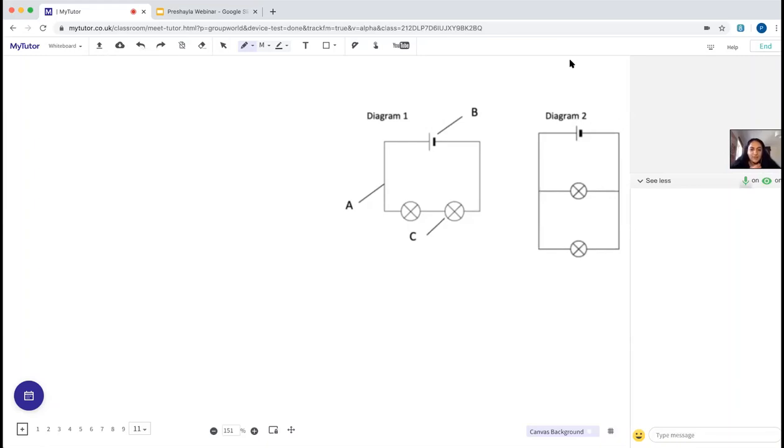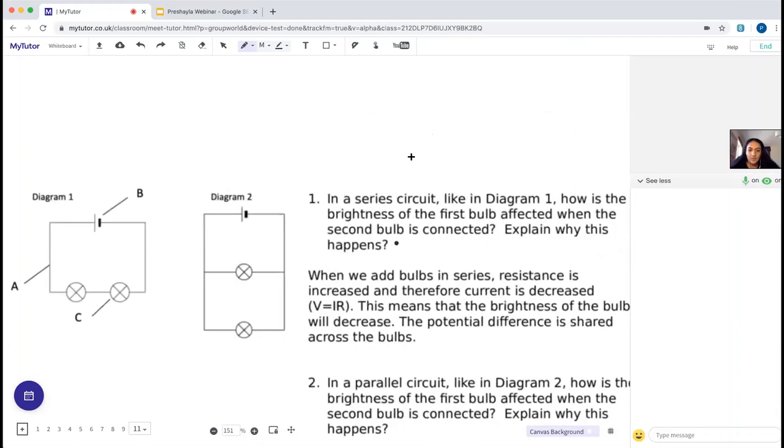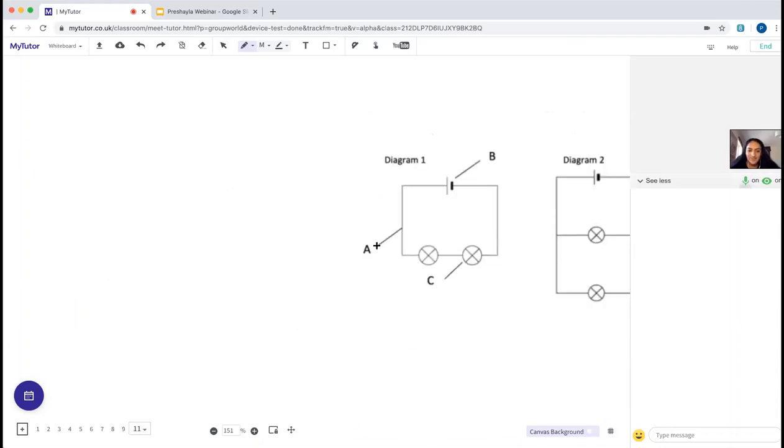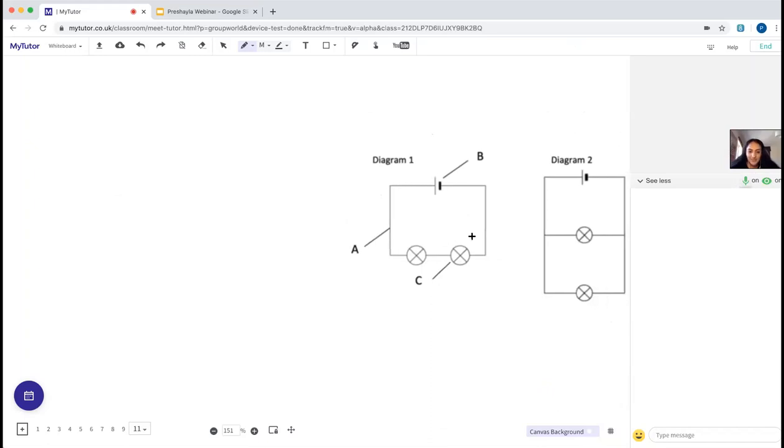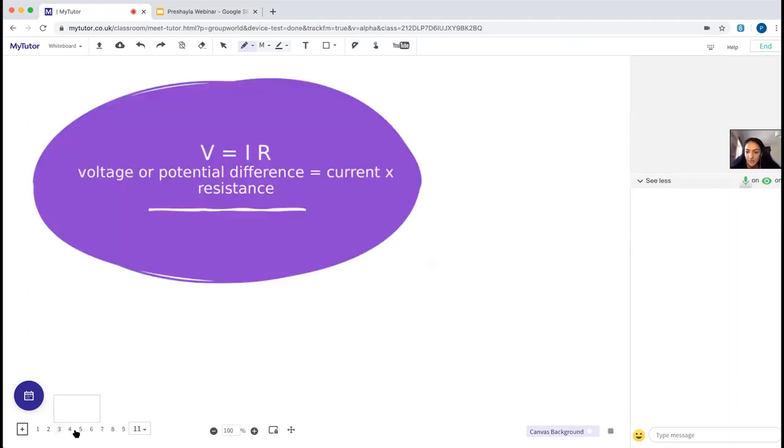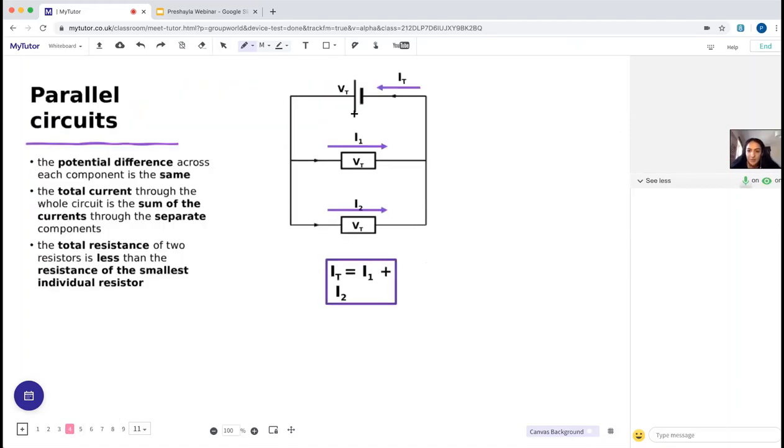Now, they're pretty simple circuits, but the question asks, in diagram 1, how is the brightness of the first bulb affected? So this is the first bulb, when the second bulb is added. So you need to have a think about the rules, and we'll just go over them quickly to refresh. So remember, parallel circuits, same current, current is added to give the total current, but voltage is the same.